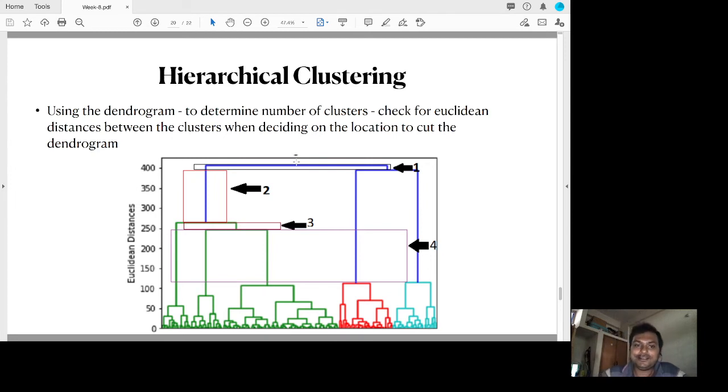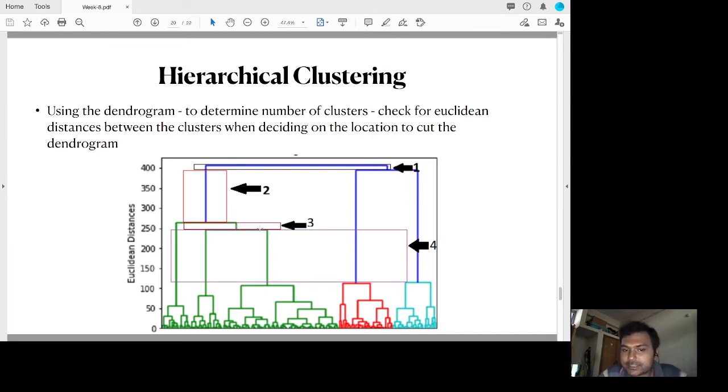Exactly. That is a good answer. That is the reason why we don't cut in the first rectangle, because if we cut there, then the Euclidean distance between the two resulting clusters will be very low, and in clustering all you want is your clusters to be far apart from each other. So in no sense should you cut it at cluster level 1.